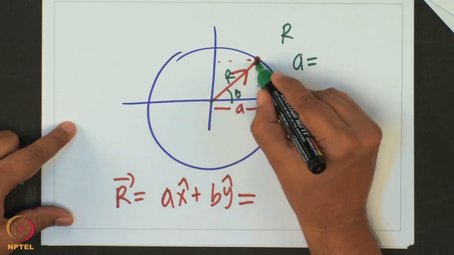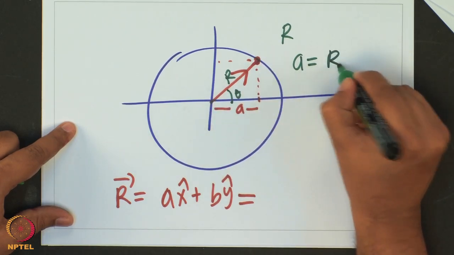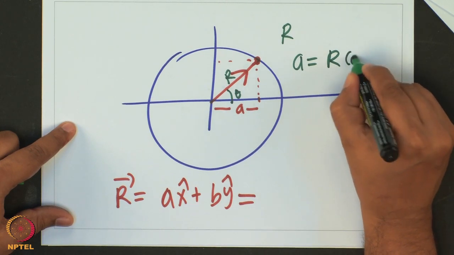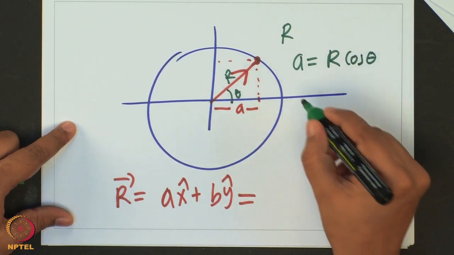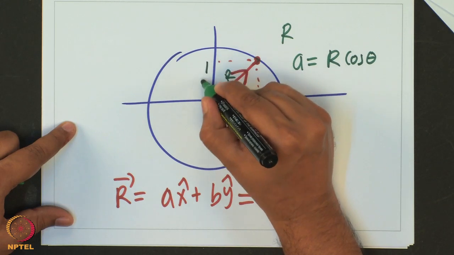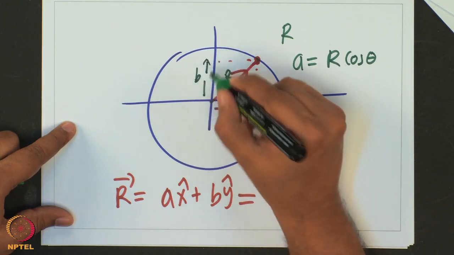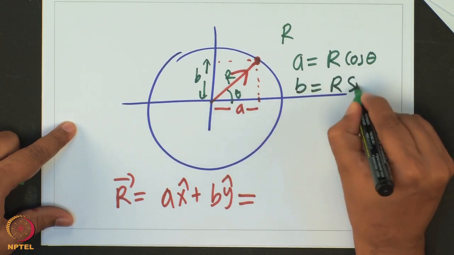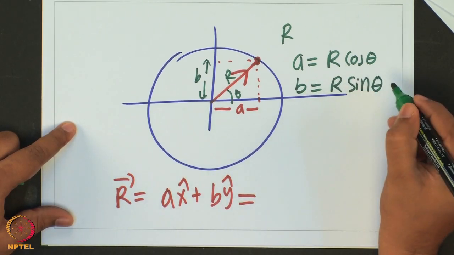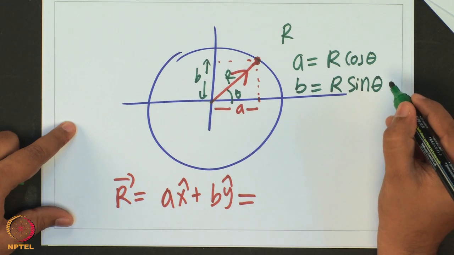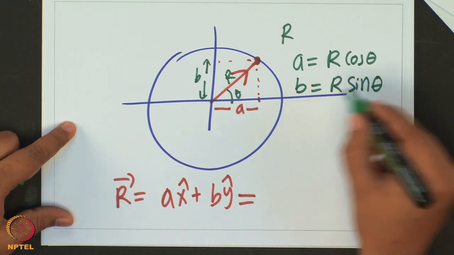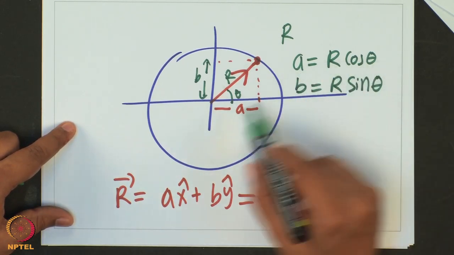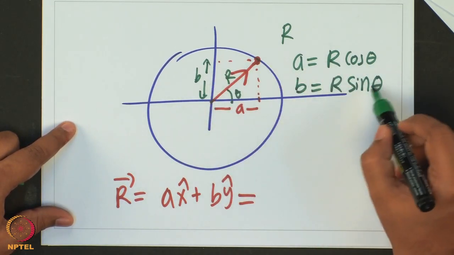Then this a is nothing but r cos theta. A will turn out to be r cos theta, and b, which is this distance, will turn out to be r sin theta, which is same as this distance. So you can see that a is equal to r cos theta and b is equal to r sin theta.